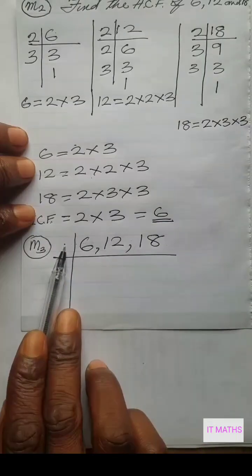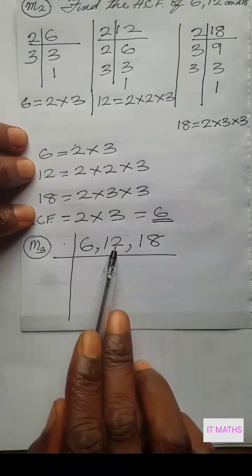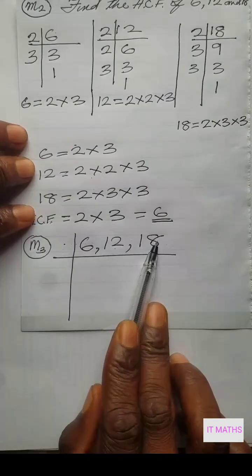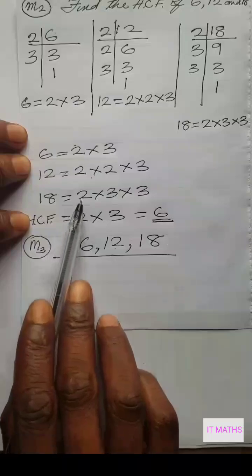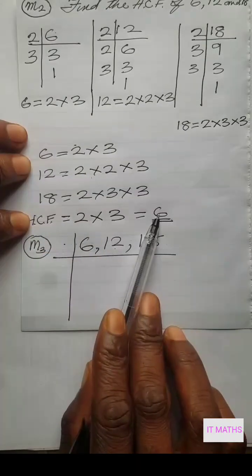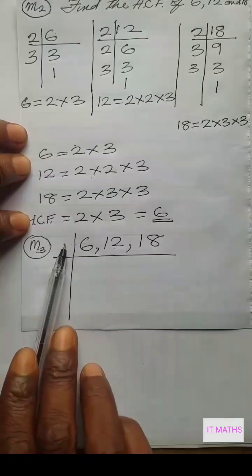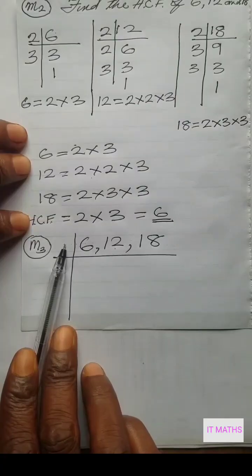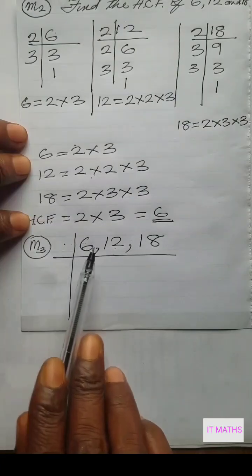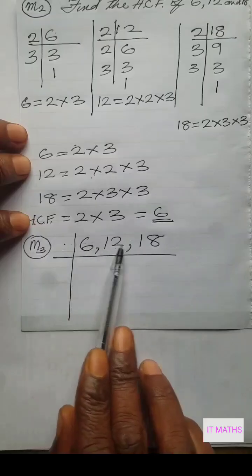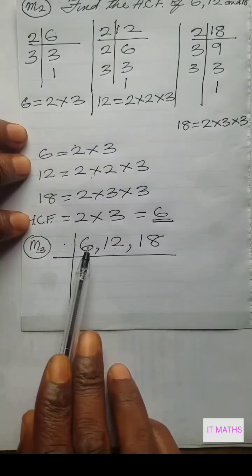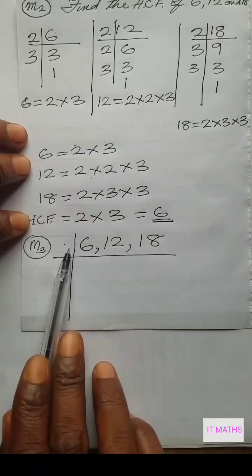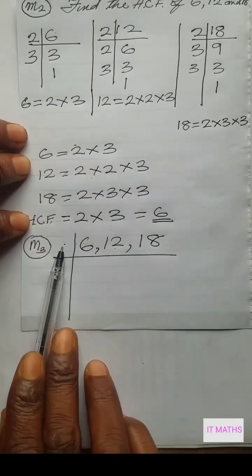We'll only pick a number that can divide 6, 12, and 18. So we are not picking all the prime factors only to sit down and check out which one is common later. We'll do the job here and right now. So which factor is common to 6, 12, and 18? That is what we use in dividing. If that number cannot divide 6, 12, and 18, it is not a common factor and we are not going to pick it.